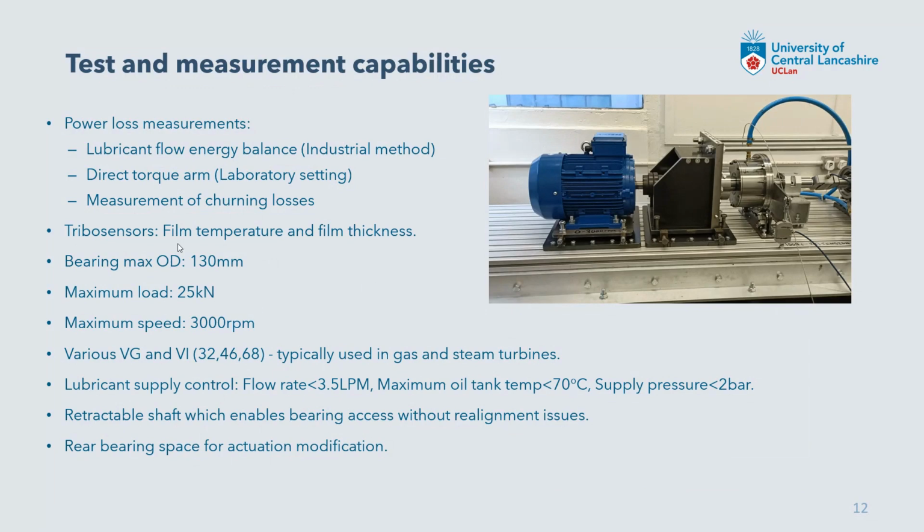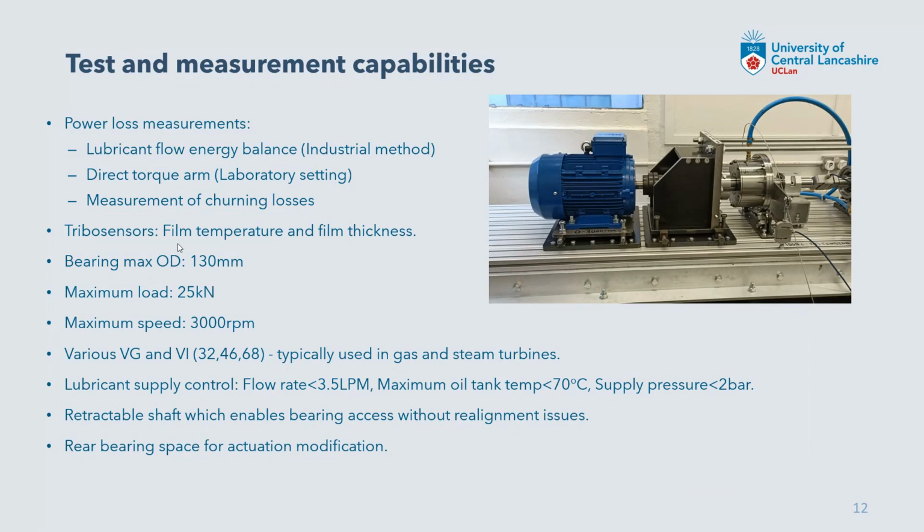There are test capabilities of various viscosity grades, from medium to heavy turbine oils, typically used in gas and steam turbines, so a thinner lubricant. Lubricant supply control, flow rate control through a needle valve from 0 to 3.5 liters per min, maximum oil tank temperature of 70 degrees, and a supply pressure control between 0 and 2 bar.